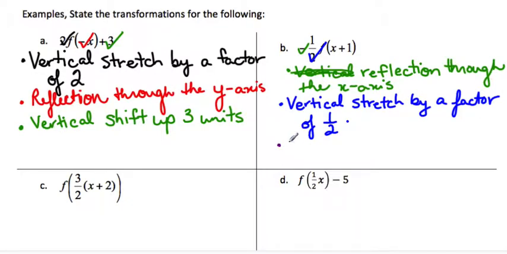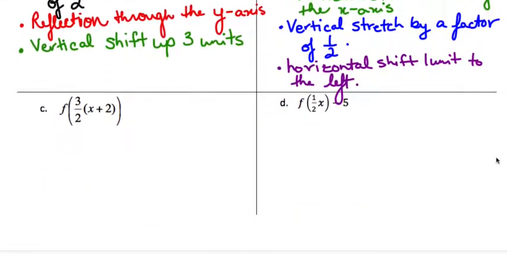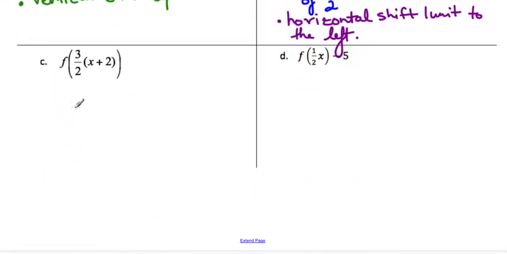So this is going to be a horizontal translation or shift one unit to the left. All right, and now we've done the plus 1. We are done that one. So I've got a couple more to do.